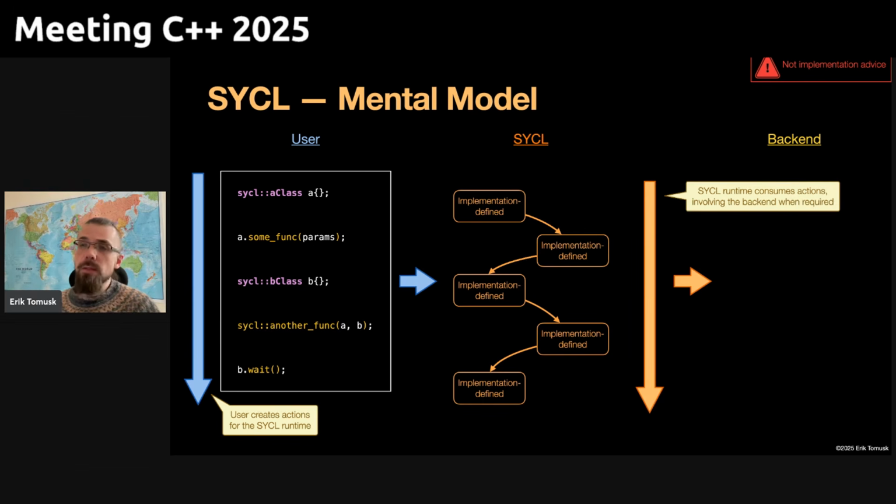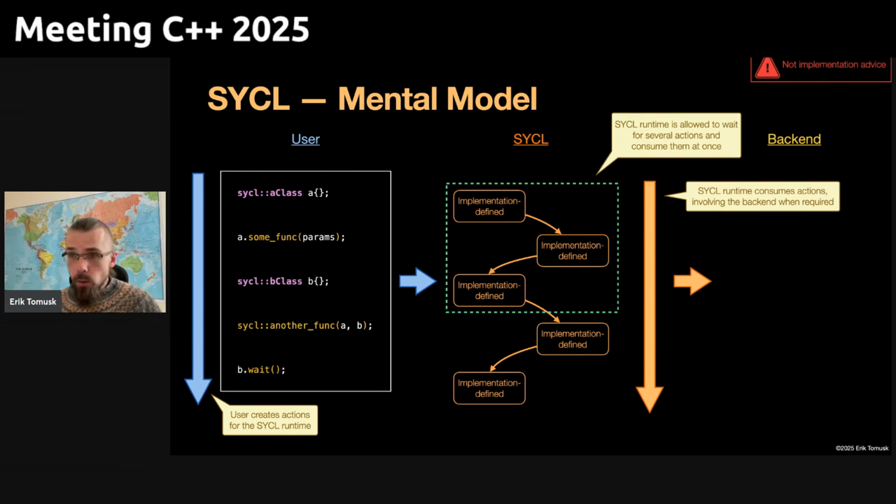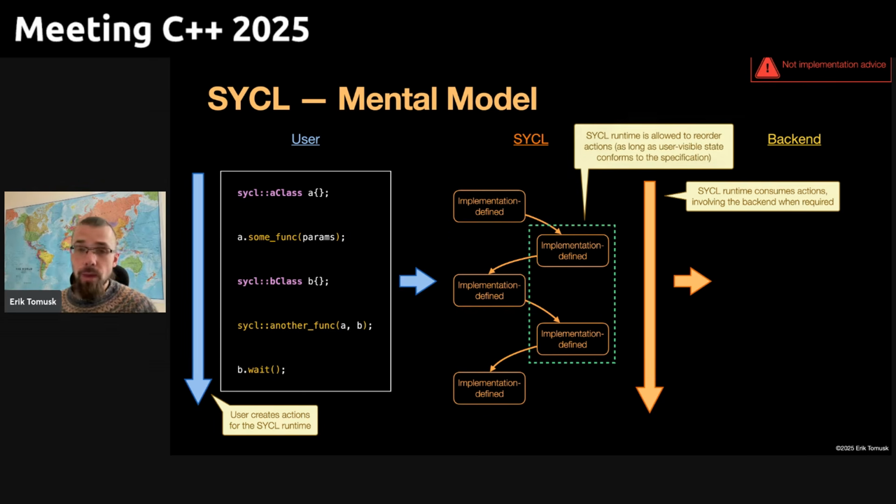And then the SYCL runtime goes through and consumes these actions as it is appropriate and produces the required effect with the backend as it is appropriate, depending on also what the backend is. So the SYCL runtime might take these actions one at a time and action them on the backend. The SYCL runtime might wait for several actions to pile up and then do them all at once. And the SYCL runtime might actually choose to reorder some actions as long as the user visible semantics of SYCL allow for that.